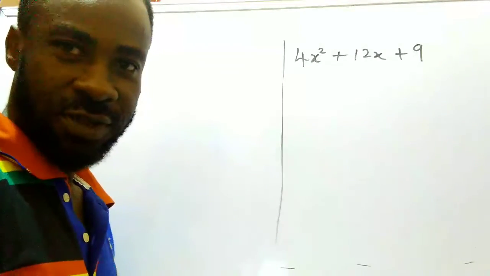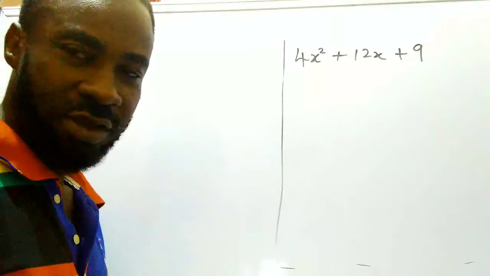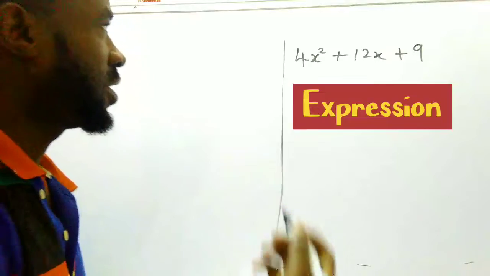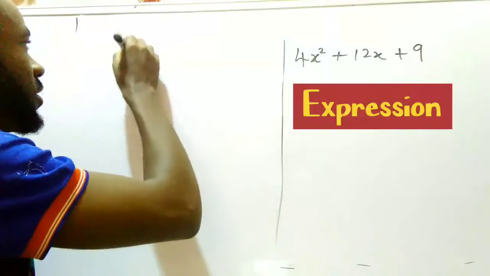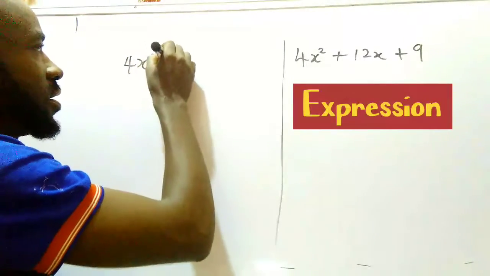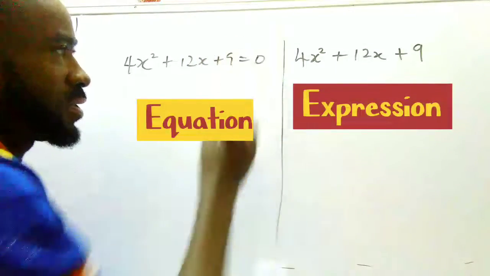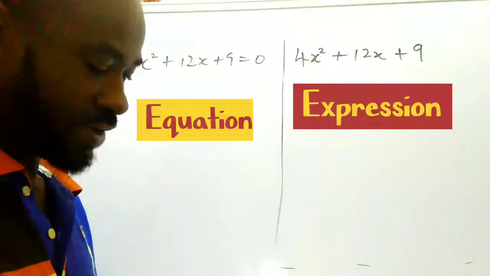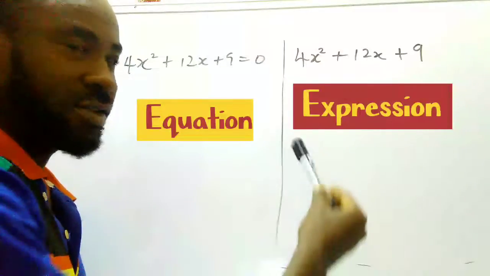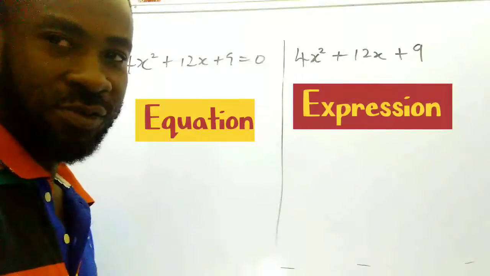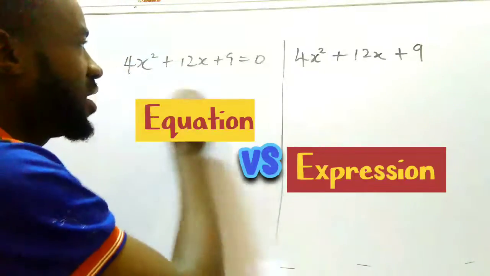Now what if I tell you that there's a difference between a quadratic expression like this and a quadratic equation like this? Okay, so you can see that this does not have the equal to, but this one we have equal to 0.